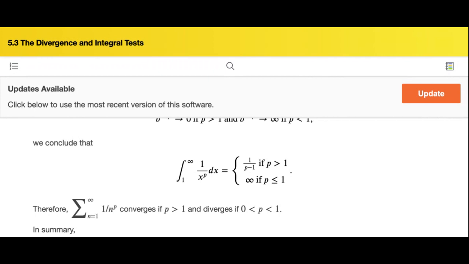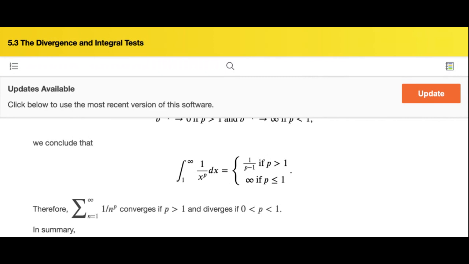Of course, if p is less than or equal to 1, it just goes to infinity and diverges. So the p series only converges when p is greater than 1, and it converges to 1 over p minus 1. A beautiful formula.